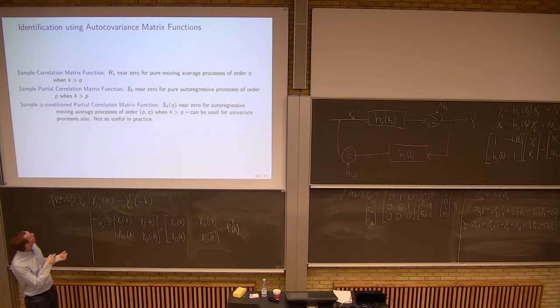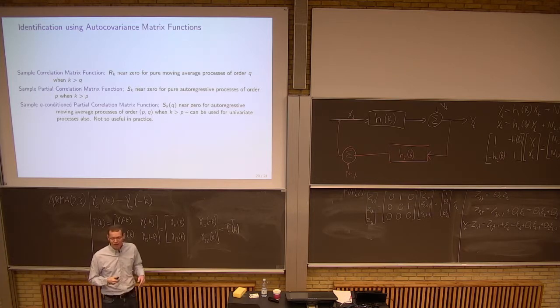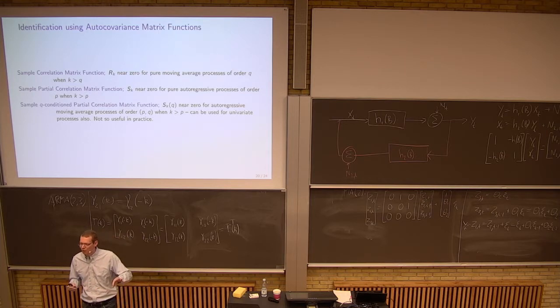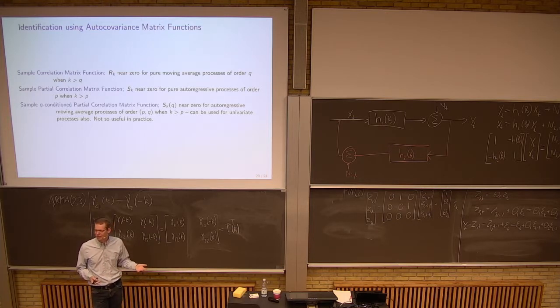then it becomes 0 when the lag is greater than the order of the model. If we do the sample partial correlation matrix function of an autoregressive process of order p, then it becomes 0 when you evaluate it for orders greater than p. So it's exactly the same thing as in the univariate case.